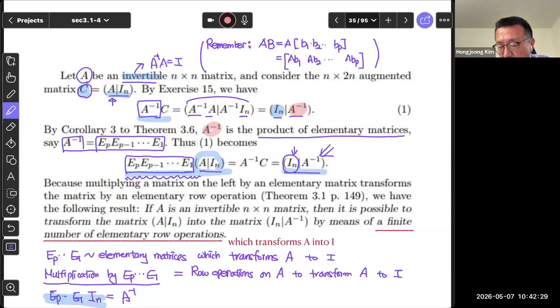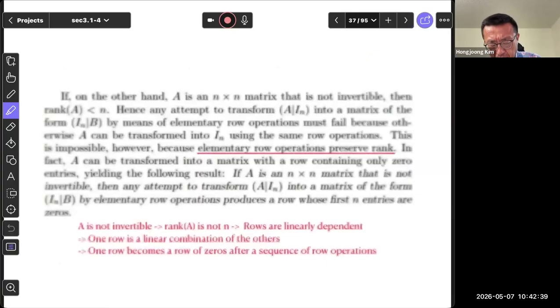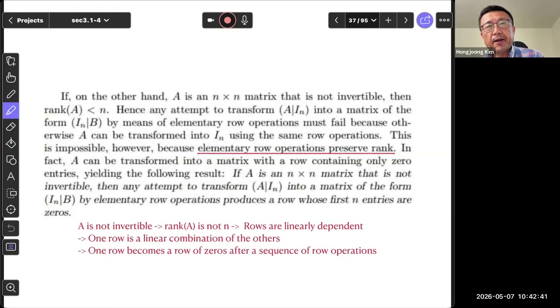That is the meaning of this expression. You can read these two slides for the proof of what I told you.